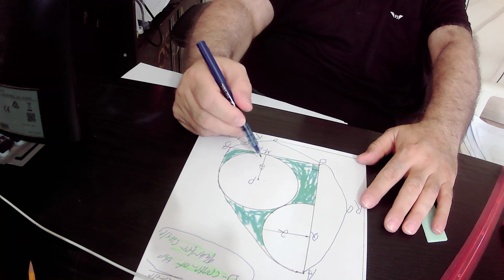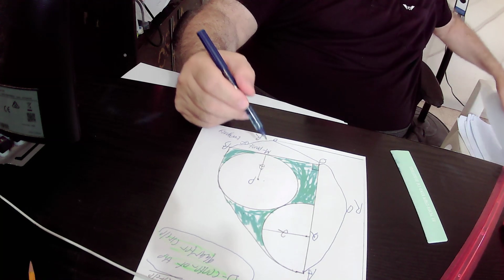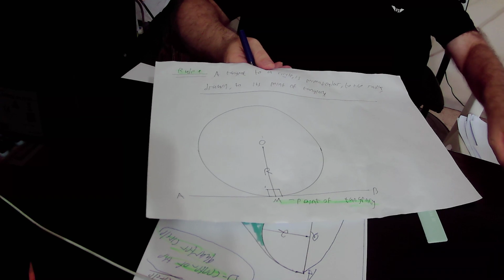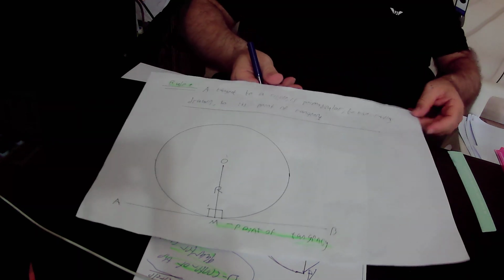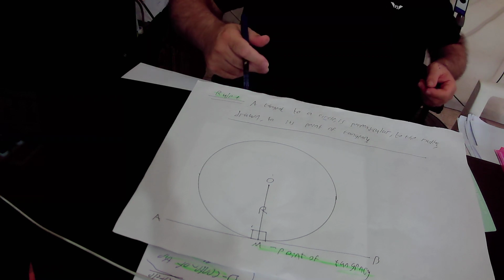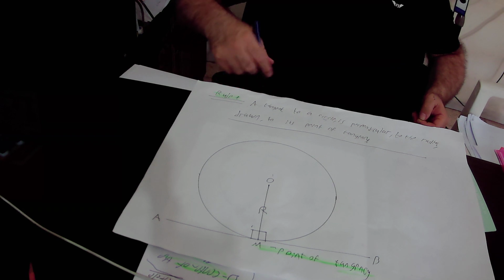And we also have rule number 1 here. According to rule number 1, a tangent to a circle is perpendicular to the radius drawn to its point of tangency.